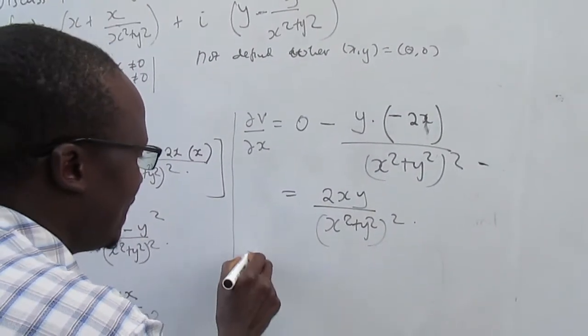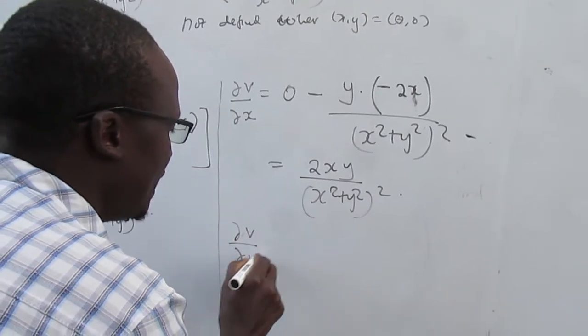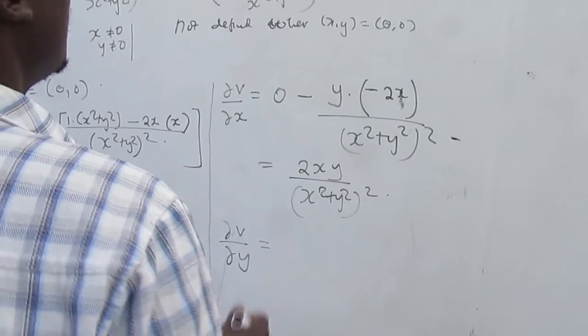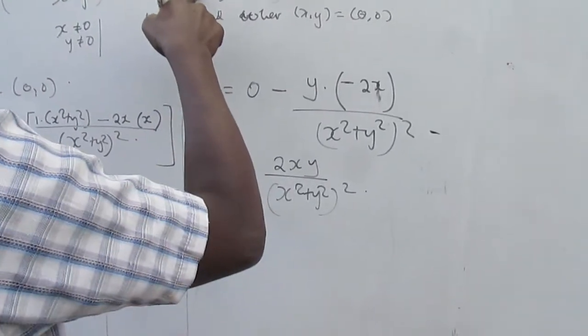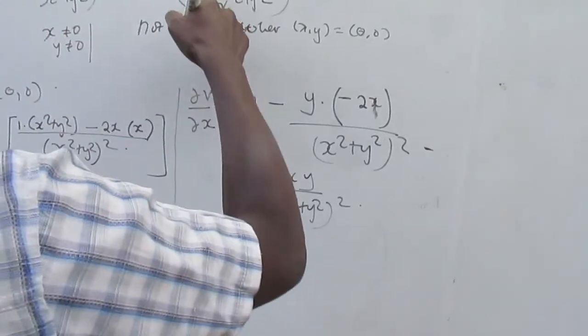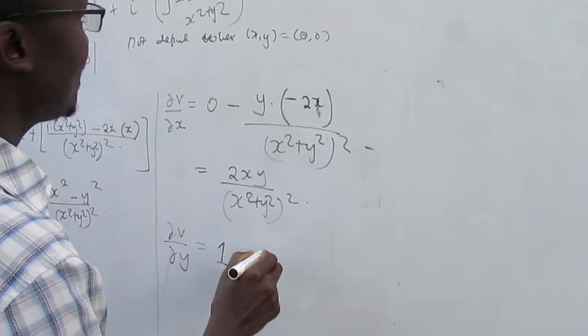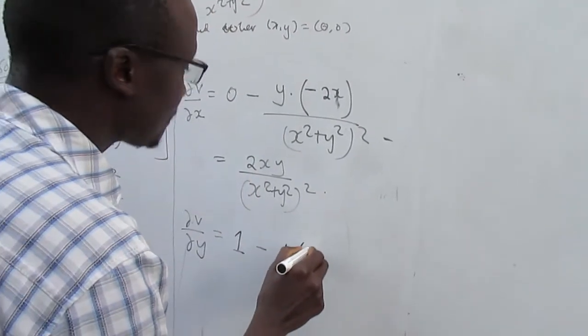And then finally, we find the first partial of v with respect to y. Now, the derivative of this first term will be 0, sorry, will be 1. Then the derivative of this second part is by quotient rule. So first we differentiate the numerator, leave the denominator constant.